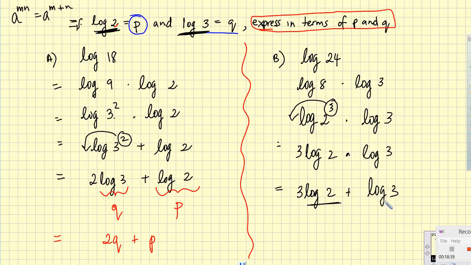And now I've brought everything down to log 2 and log 3. So wherever there's a log 2, I will replace it with P. So I have 3P. And then log 3 will be replaced with Q. So my final answer, expressed in terms of P and Q, would be 3P plus Q.